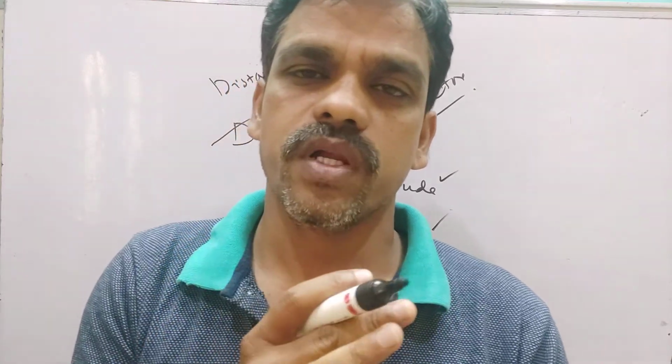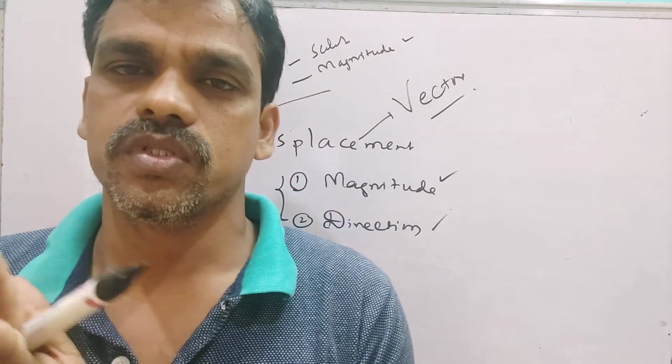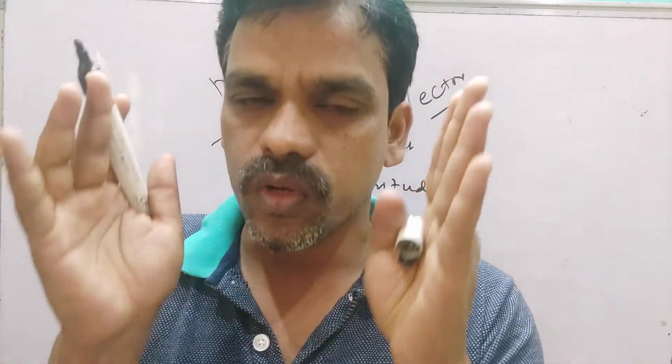So displacement has magnitude and direction. Children, listen carefully. Simple topics, don't get confused. Distance has only magnitude. I walked 5 kilometers, I traveled 10 kilometers. But whereas for displacement, I travel 5 kilometers towards east, towards north, towards south, like that.